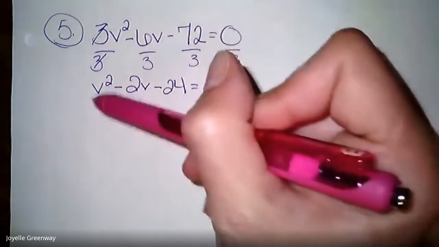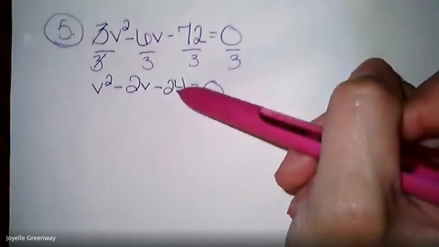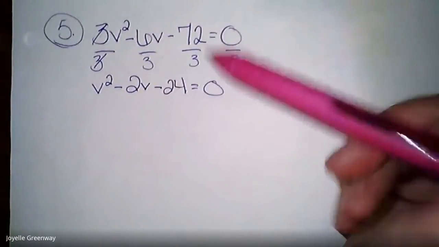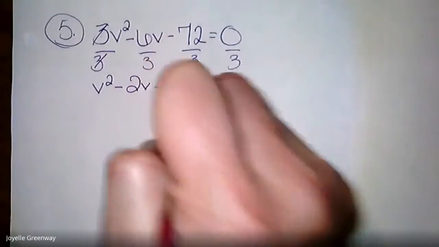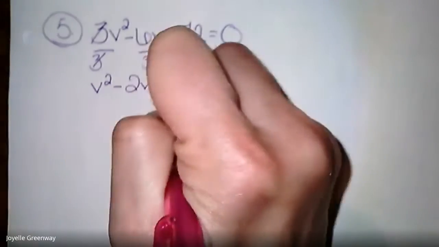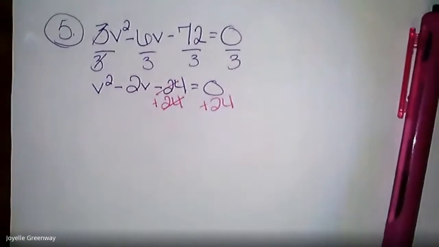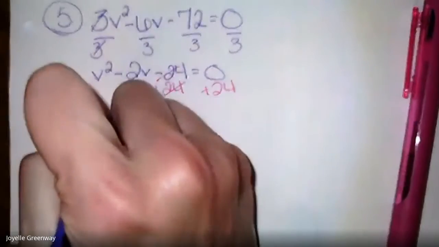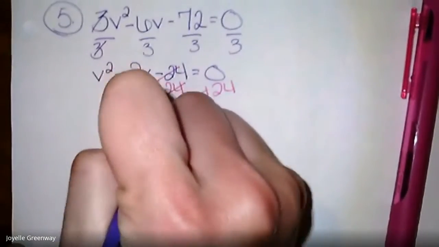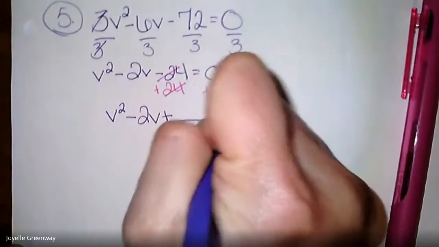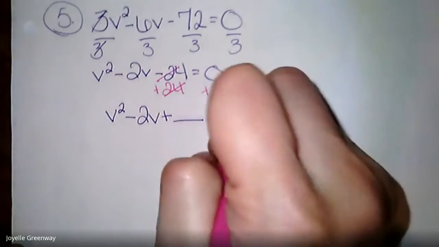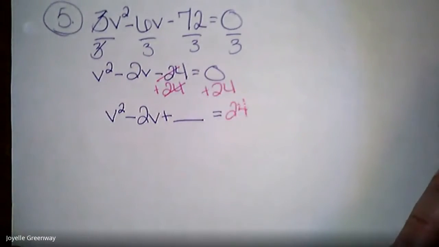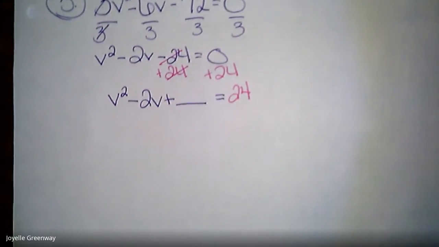So now I have my variables over here, but I need to move my constants over here. So I'm going to add 24. So I have v squared minus 2v plus blank equals 24. Okay.